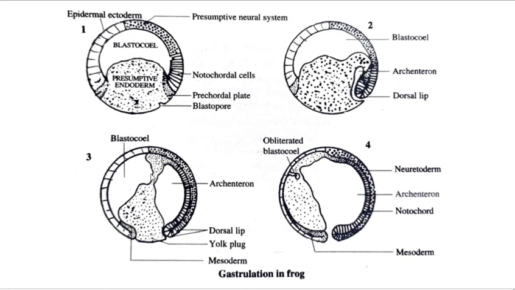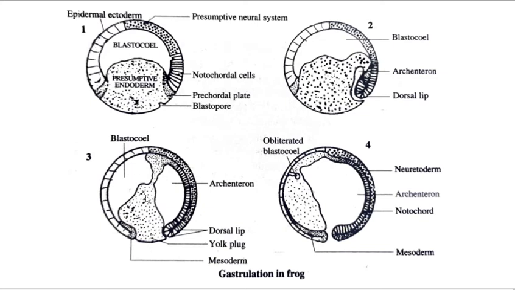Then there was involution of cells, or the rolling in of cells. First it is the pharyngeal endoderm that has involuted, followed by the precaudal plate and the notochord. The mesoderm also undergoes involution once the endoderm has moved inwards.